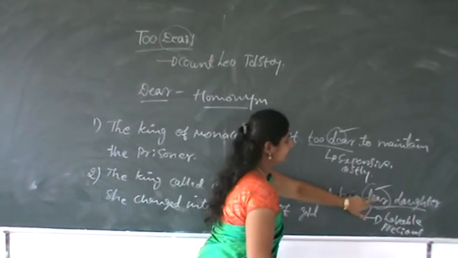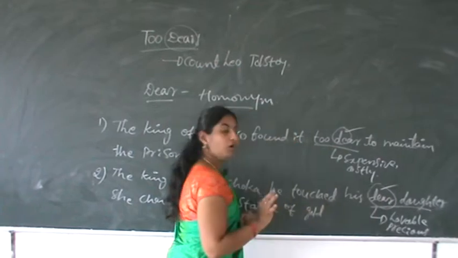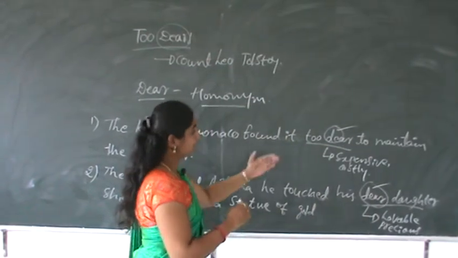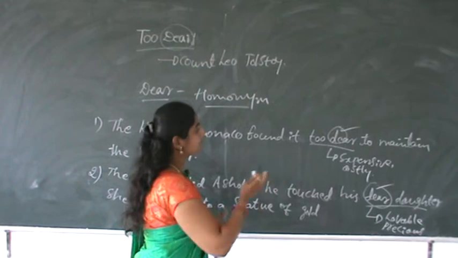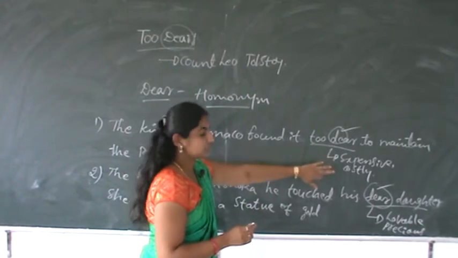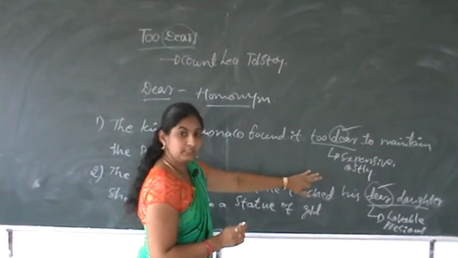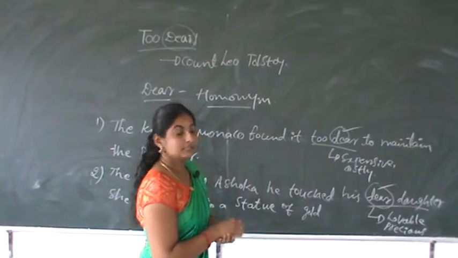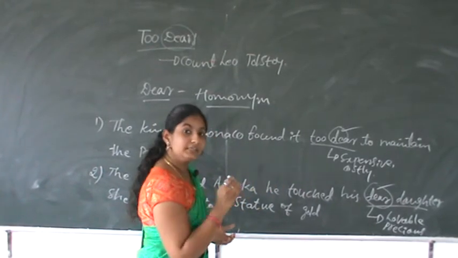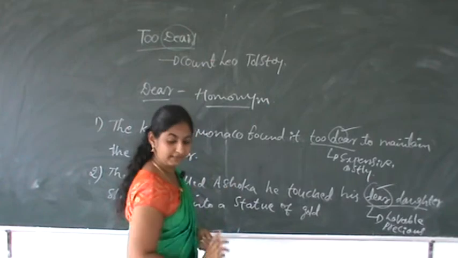But in the second sentence, dear means lovable or precious. So what can we identify as an example of homonym? It has the same spellings, the same pronunciation, but a different meaning. So this is one example.